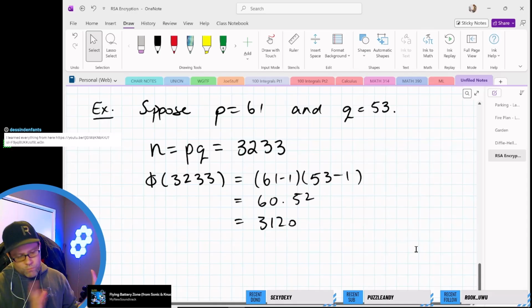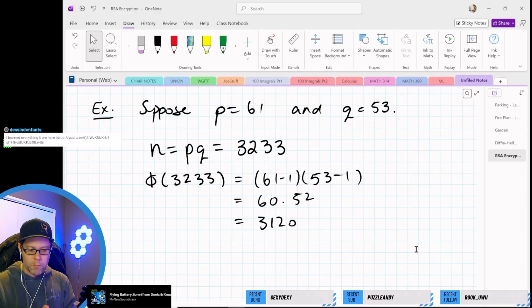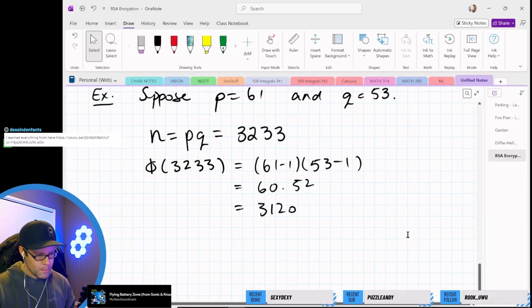So next what we would naturally do is try to find something that's co-prime to this particular number, 3,120. I believe this is done at random.